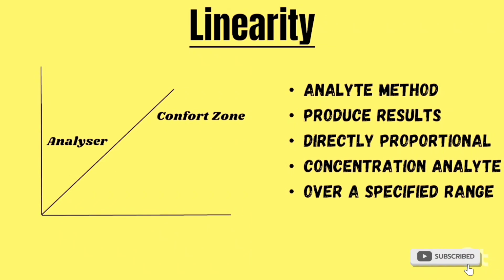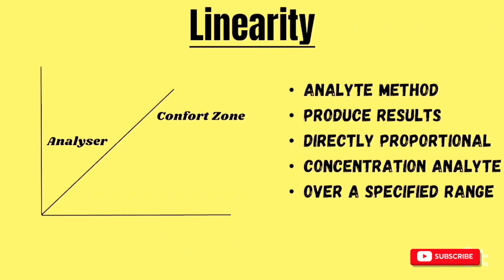And your internal quality control, you can have level 1, level 2, level 3, as the case may be. Each of those controls has been manipulated to give you a result that is within a specified range. So that modification is to make sure that they continue to fall within the analyzer comfort zone, within the targeted ranges of that analyzer. That is actually what linearity means.